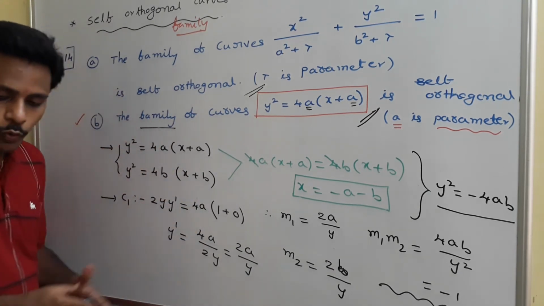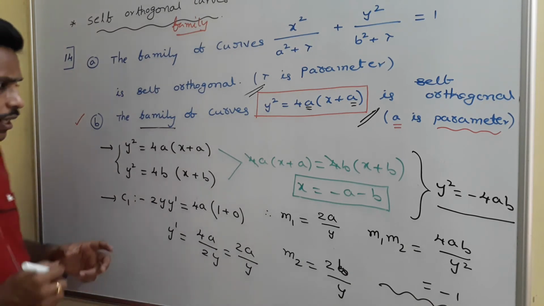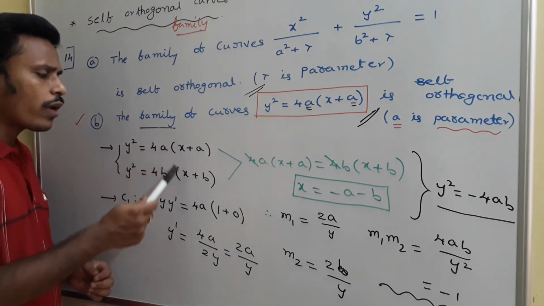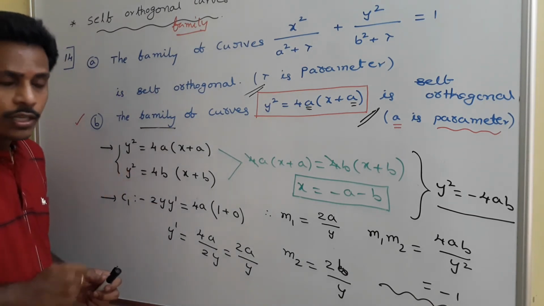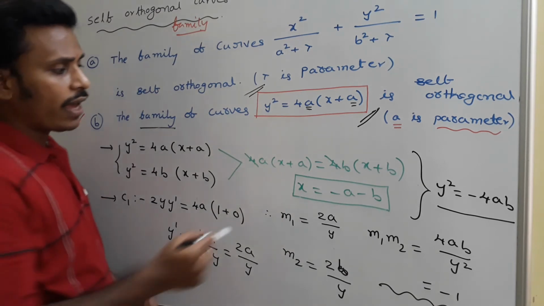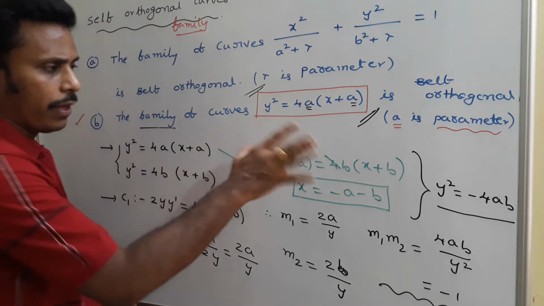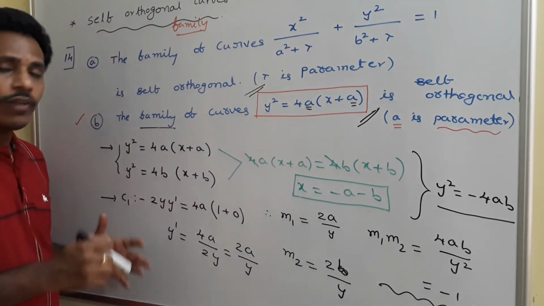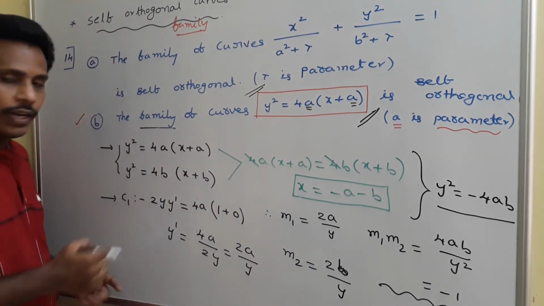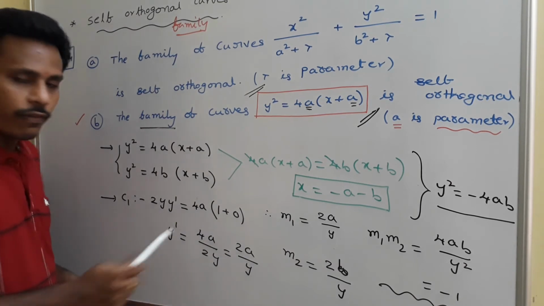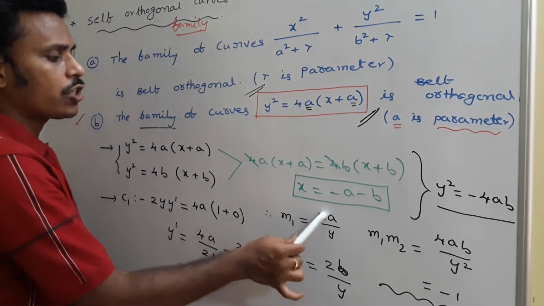So to prove it, what did we do initially? Initially, we tried to calculate the intersection point. As a process, I have x as minus a minus b and y square as minus 4ab. You just keep them. And then we need m1 and m2. For that, you just calculate the derivative. For the first curve, it is 2a by y, so take m1 as 2a by y.